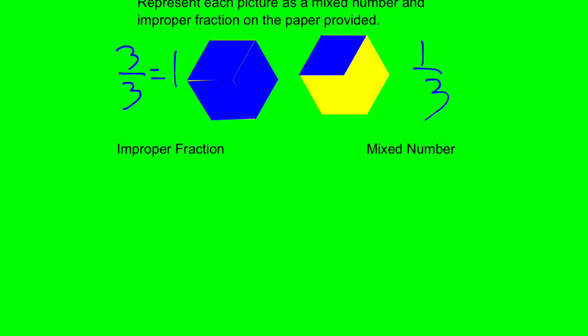If you look at this picture, they're divided into 3 parts, and we have a total of 1, 2, 3, 4 of those thirds. So the improper fraction would be 4 over 3. Now you can also think of this as this represents one whole, and this represents 1/3. So a mixed number, which is a combination of a whole number and a fraction, is 1 and 1/3. And they are both the same.